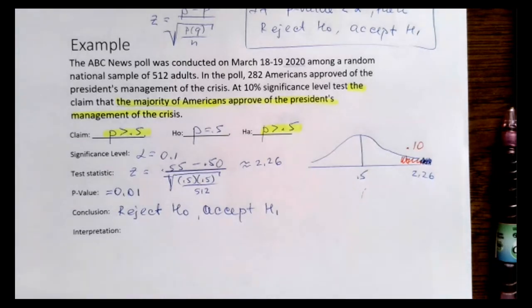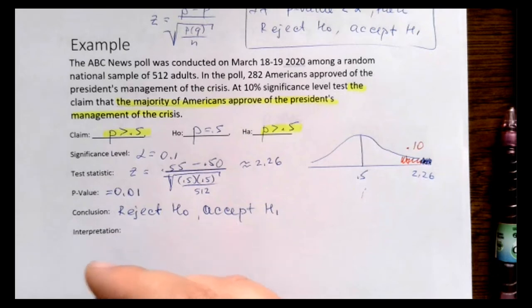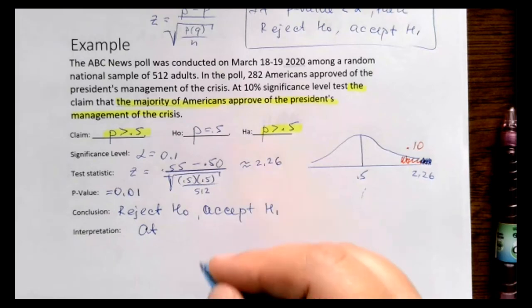Now the significance level is important. So what you're gonna write will be this: you're gonna start with stating the significance level.